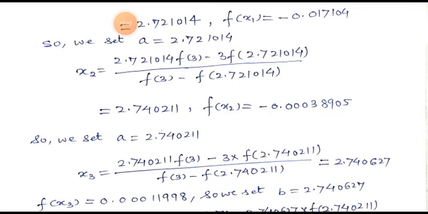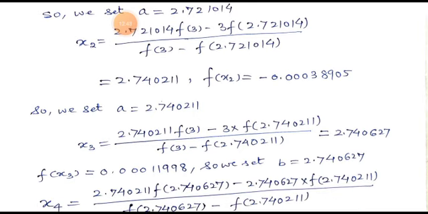And b is treated as the other value, and again for the next iteration, x3. Putting this value in the formula, x3 is equal to (2.740211 f3 minus 3 into f(2.740211)) upon (f3 minus f(2.740211)), which is equal to 2.740627. So this is the value of x3.